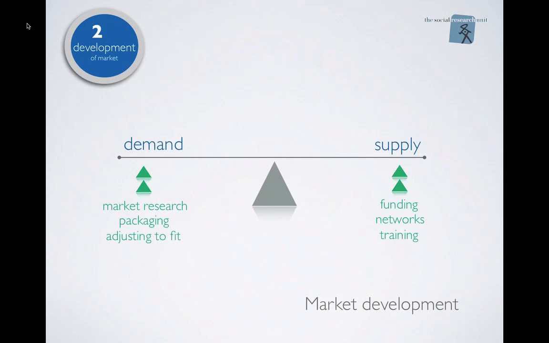This information allows the commissioner to identify which aspects of the market need to be developed and how. For example, it helps the commissioner to think about opportunities to build service provider capacity and incentives for the market. For example, innovation funds or investment to save money longer term, or perhaps promotion prospects for individuals.